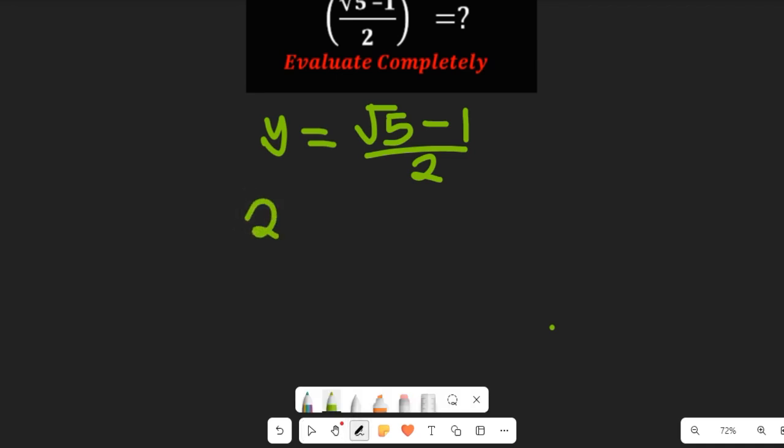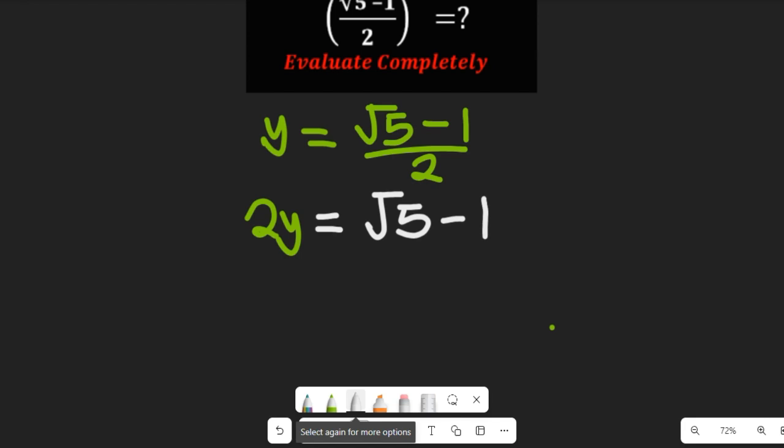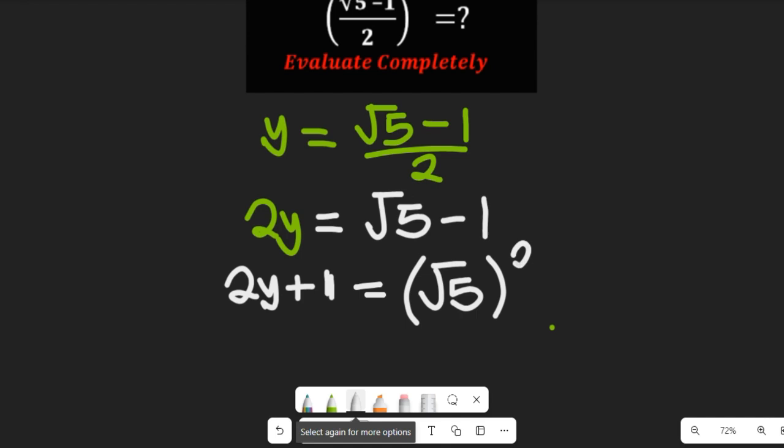This is going to be 2y equal to the square root of 5 minus 1. So in order to simplify further, we'll have 2y plus 1, if we add 1 to both sides, equal to the square root of 5. So what we're going to do now is take the square of both sides.